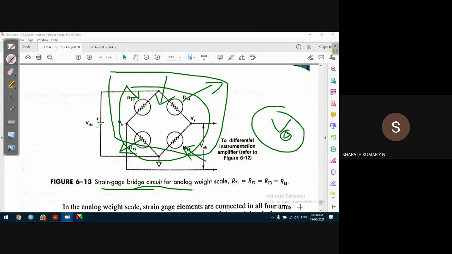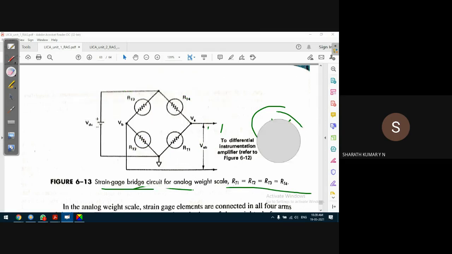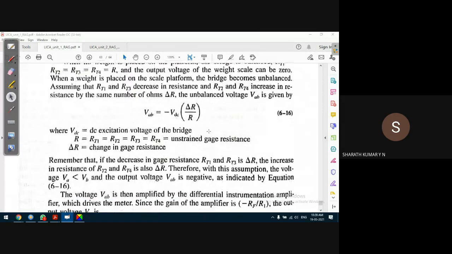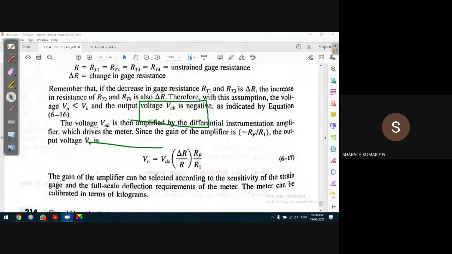Under normal condition all the resistances are equal, so the bridge will be balanced. Now there is some calculation. Assuming that all the resistances are equal, we can define VAB, that is the voltage across the bridge.